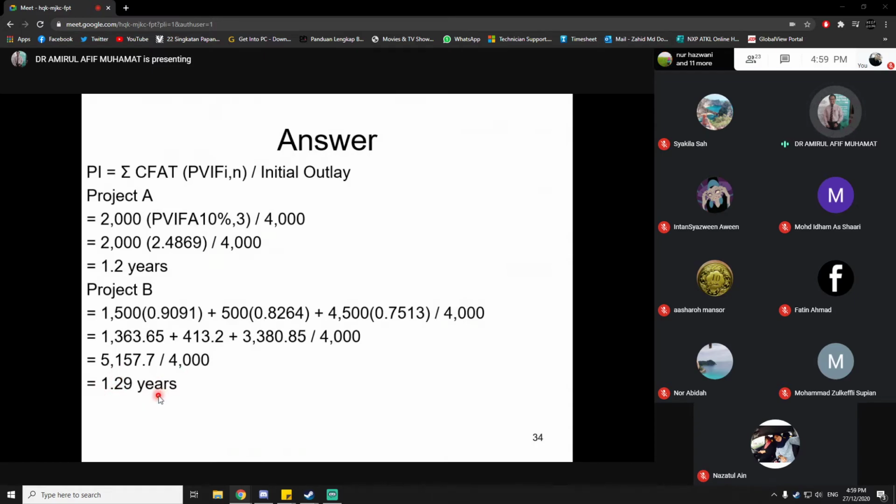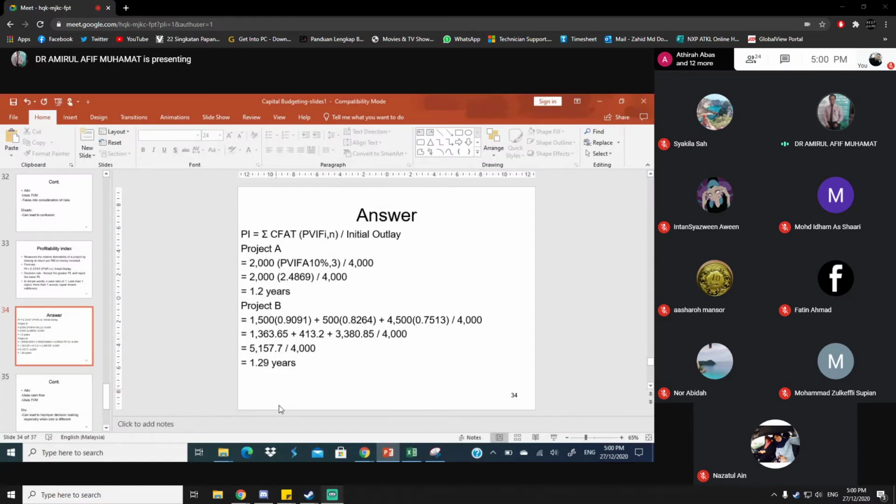So what you're going to choose, you will choose project B because it gives you an index which is more than 1, positive and more than 1. In general, project A and project B can be accepted, because both give you a positive index, but project B gives you a higher index ratio. Any question?